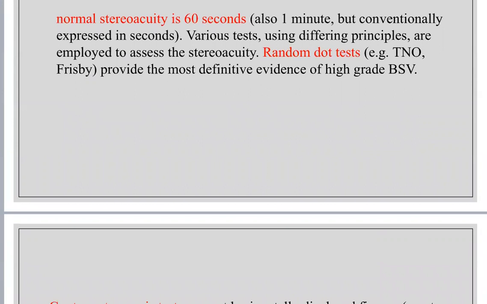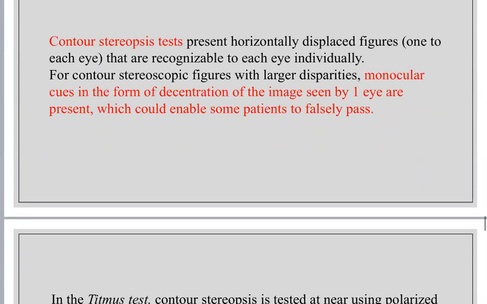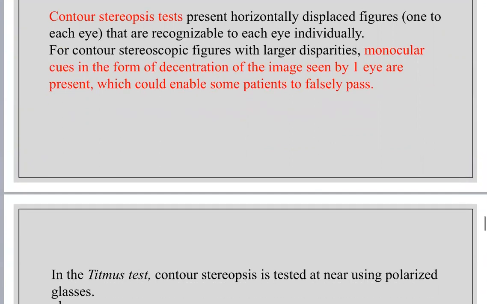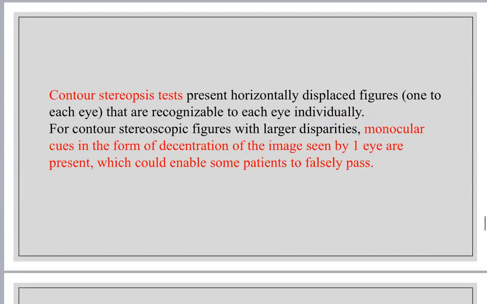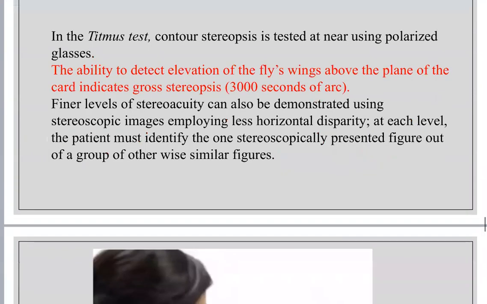The contour stereopsis tests are more used for screening, and they may give some fallacies, and some monocular clues may be sufficient to pass these tests.